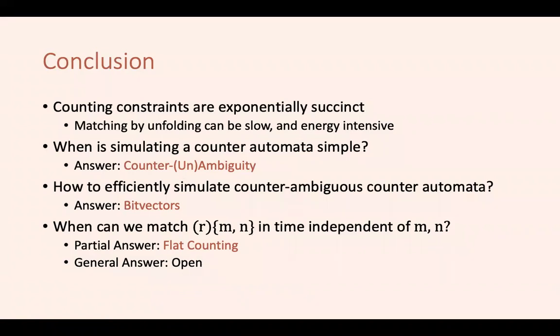Yes. Are you asking if I pre-allocate the bit vector to the maximum extent necessary? I'm just asking if you can statically bound the length of the vector. Yes, we can bound it because we know the maximum number of counting we need to do. That is the bound basically.